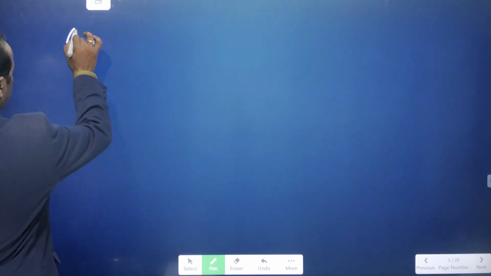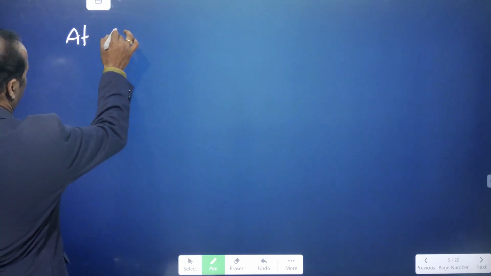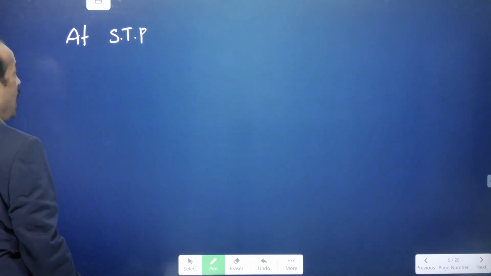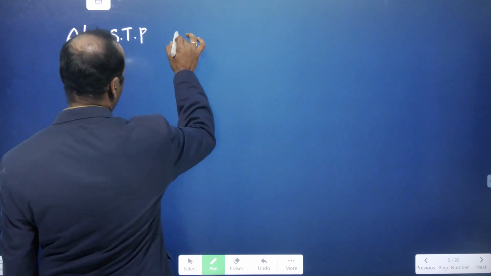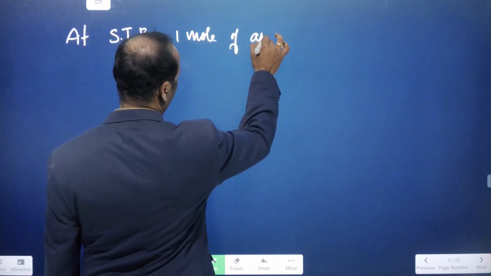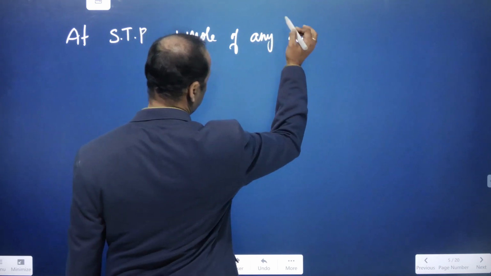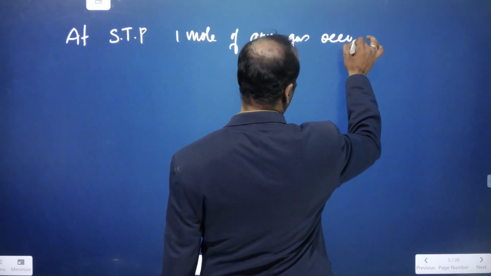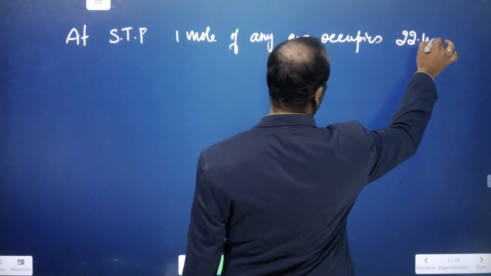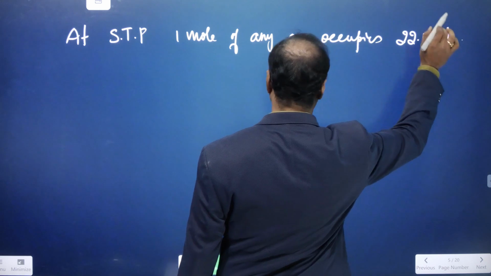A very important point: at STP, 1 mole of any gas occupies 22.4 liters.